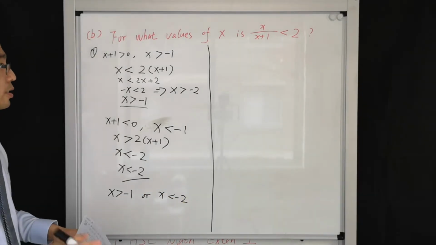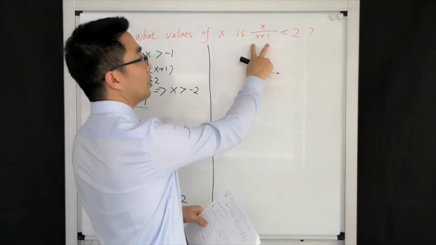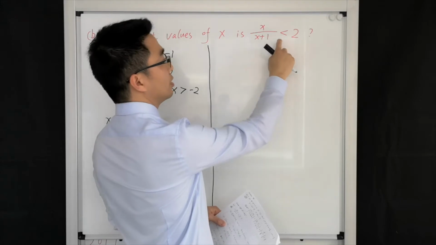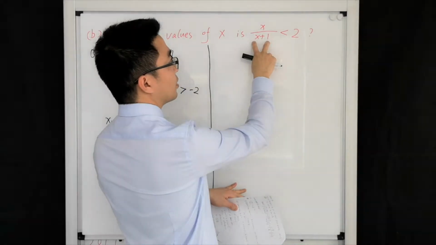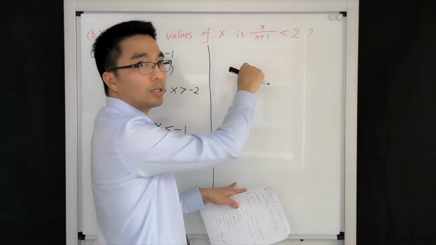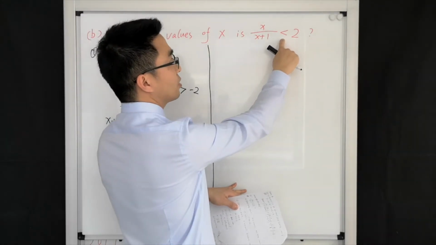Okay, and the second method is we can times a positive number on both sides to keep the sign. So we can times x plus 1 squared on both sides because x plus 1 squared is positive, so we don't need to change the sign.